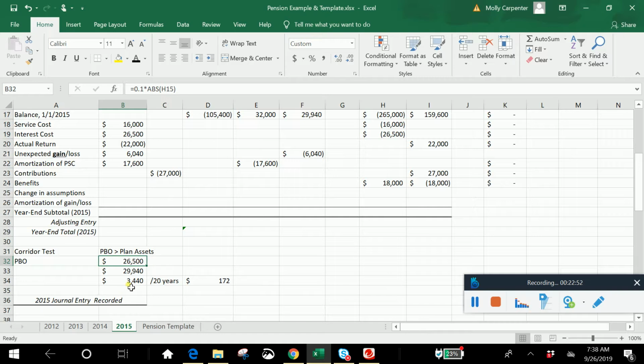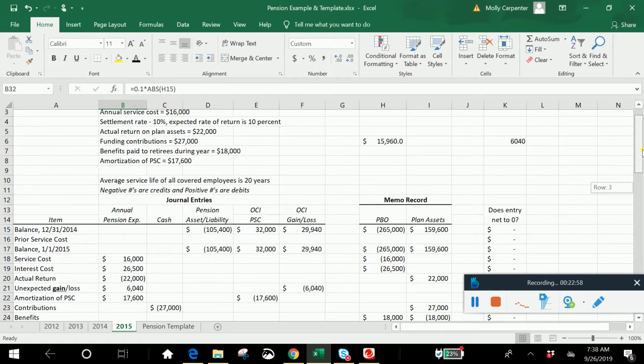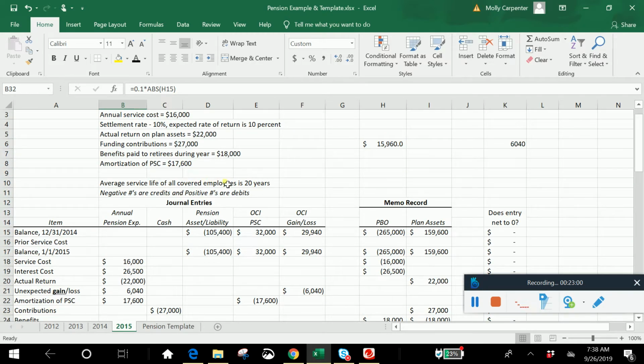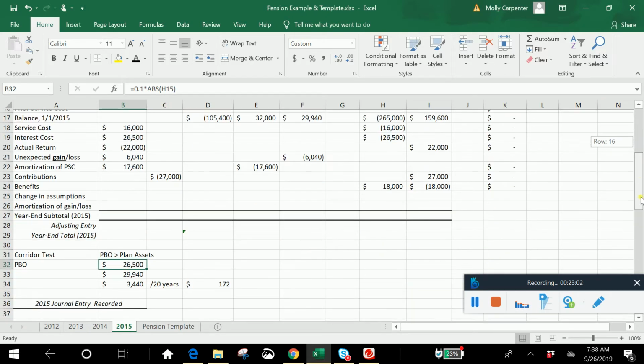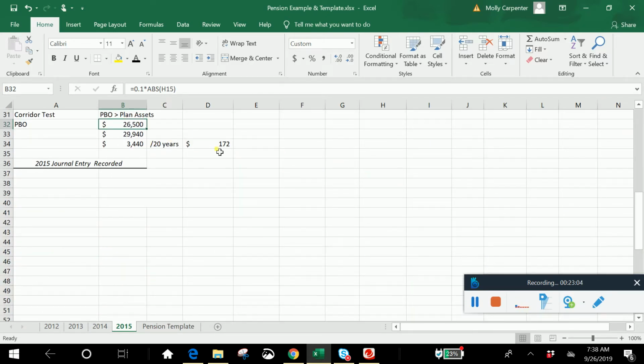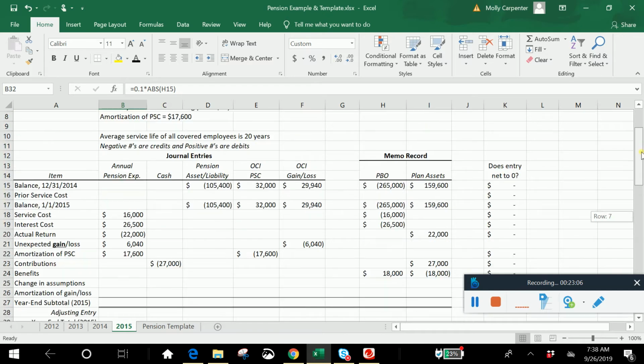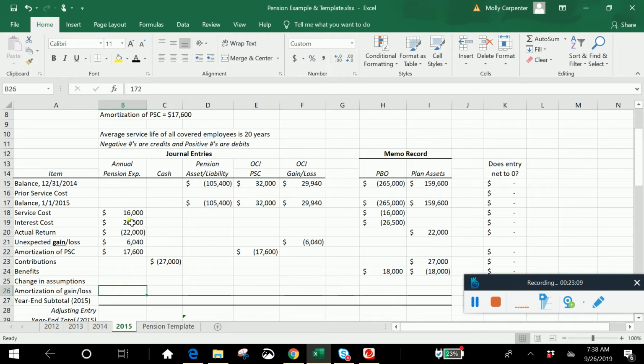So the differential between those two numbers is $3,440. We are going to divide that then by the average service life for all employees, which is 20 years. So divide that by 20, and we end up with $172 that needs to be amortized. So that's going to increase our pension expense, and that is going to decrease our OCI gain loss.